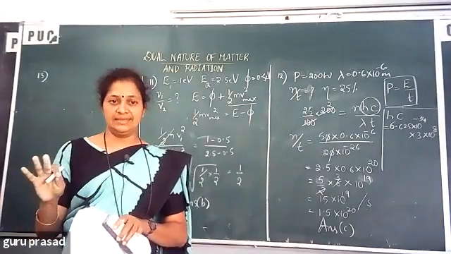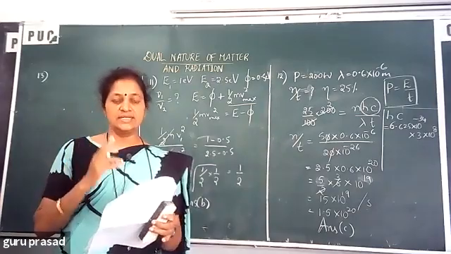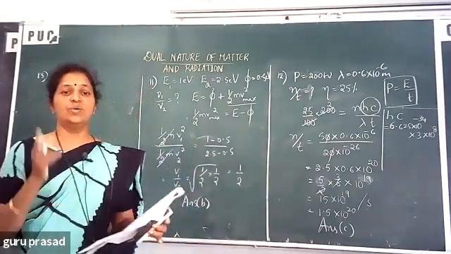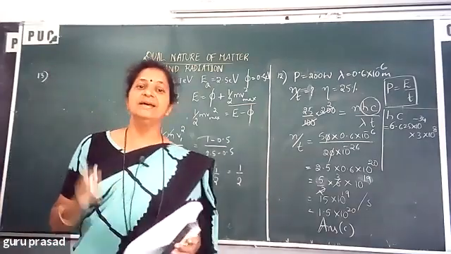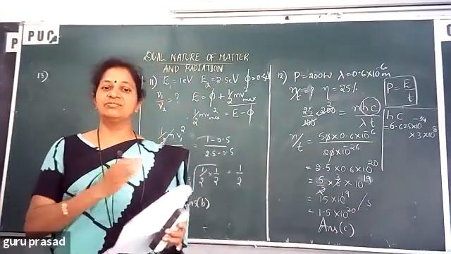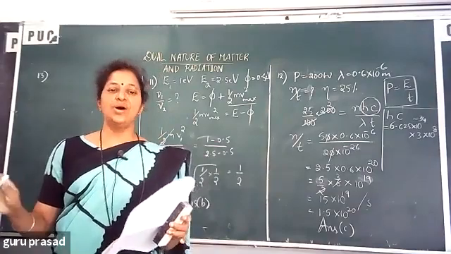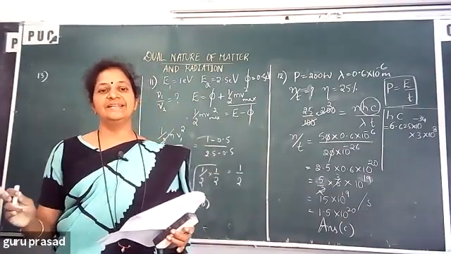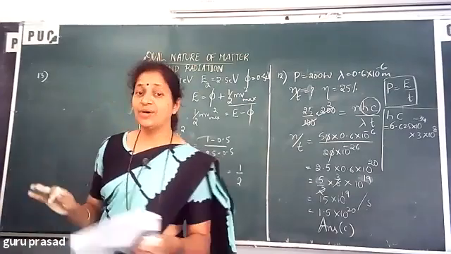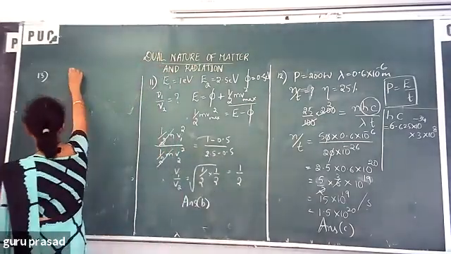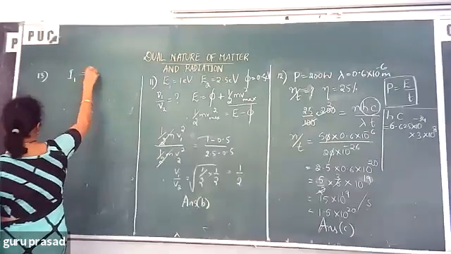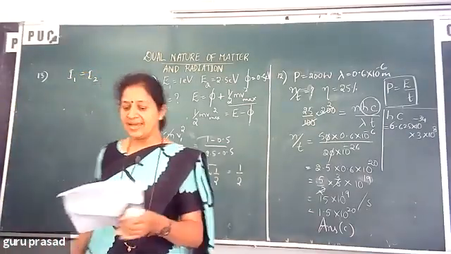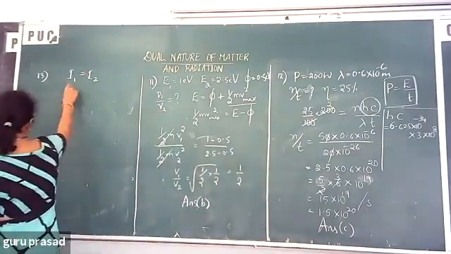If work function is changed, only the metal is being replaced. Nothing else has been changed. So intensity before should be equal to intensity after. That's why I1 must be equal to I2. No change in intensity when you just change the metal. So that's why the answer is A.